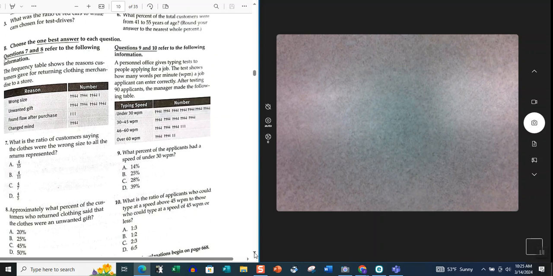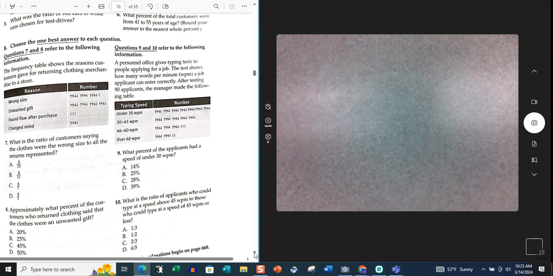Okay, now we have all of those different reasons why they return the items. So we go here to number 7. It says, what is the ratio of customers saying the clothes were the wrong size to all the returns represented?